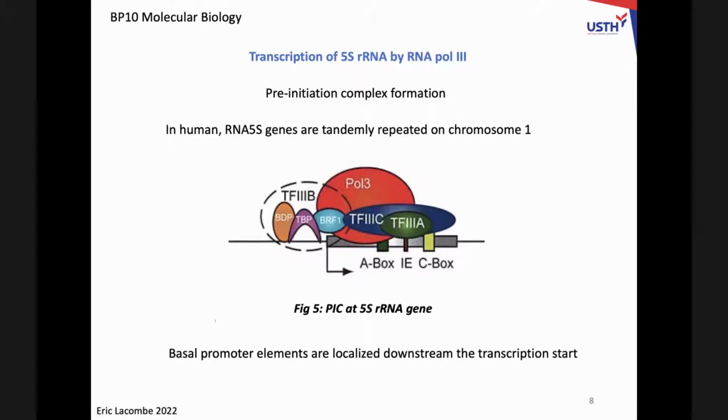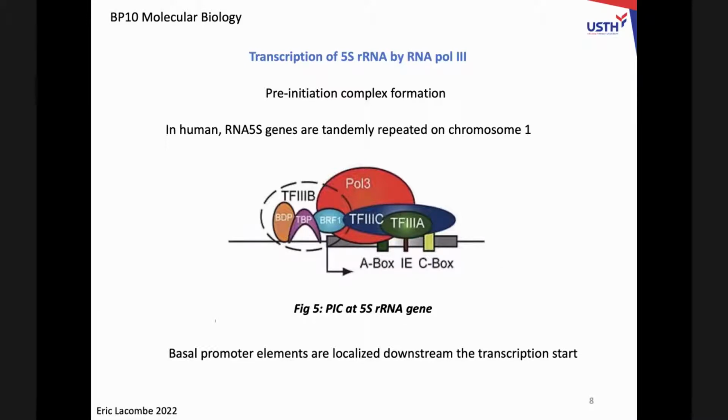So it goes to the interaction. And it is once Pol3 is there that it's going to start transcribing the first nucleotide at the catalytic site. You see what I mean? So the transcription start is defined by where these factors are interacting with DNA. It's not the polymerase that defines it.